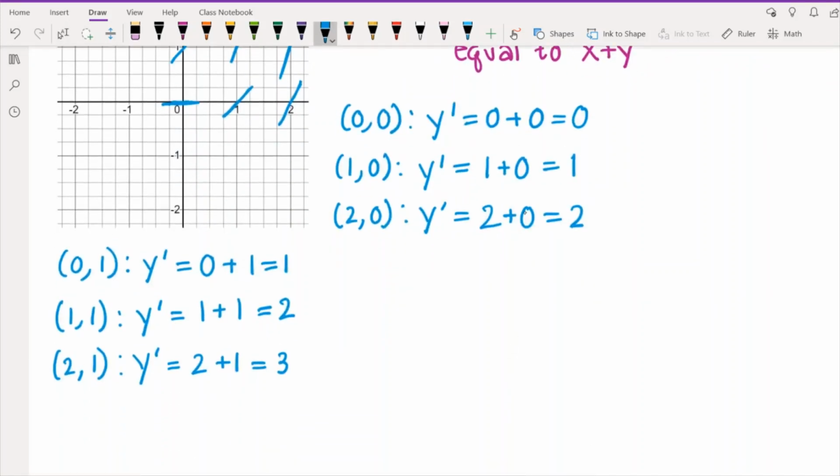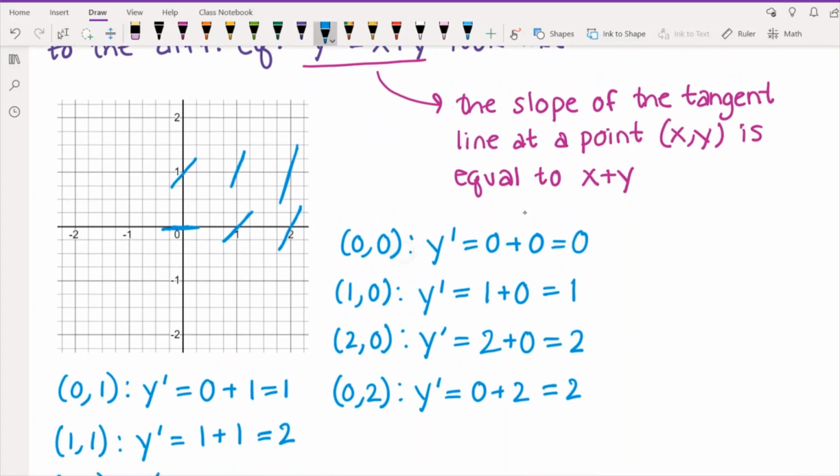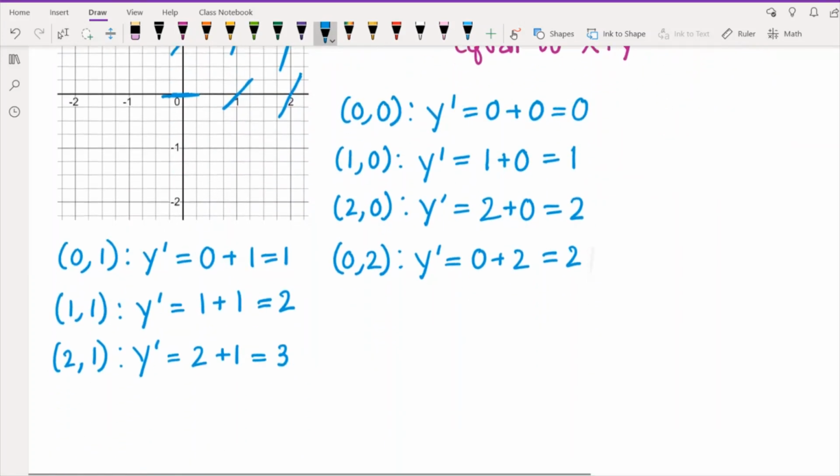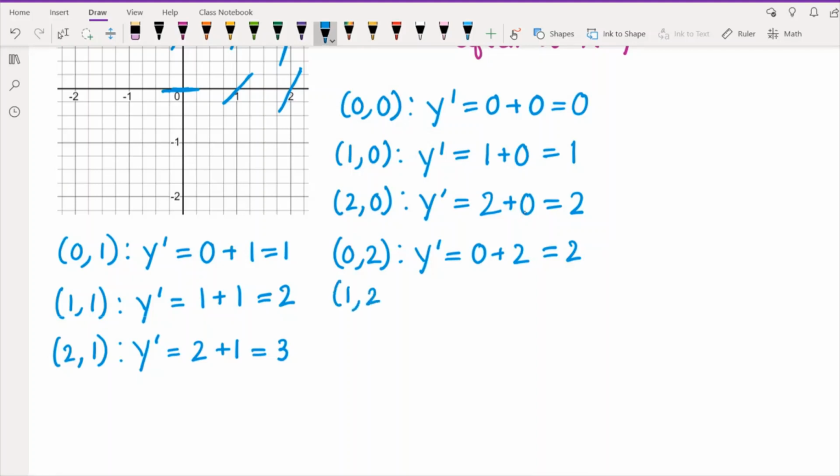Okay, so now a few more. Let's do (0, 2), so everything with a y coordinate of 2. At (0, 2), the slope is going to be 0 plus 2, which is 2, so like this. If we go to (1, 2), we're going to have a slope of, again, 3.